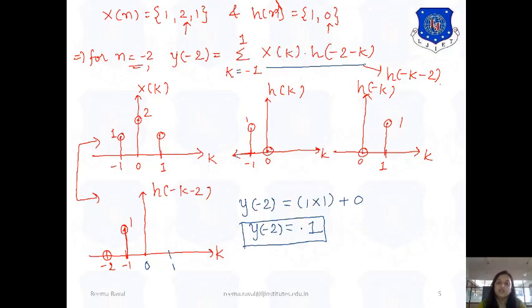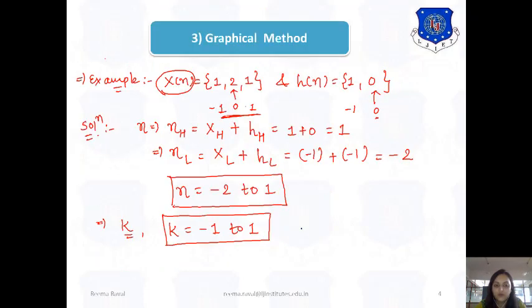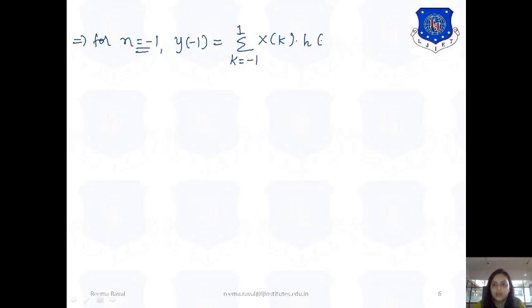Okay. Now the next instant will be n equals to -1, because we have to go from -2 to 1. So according to the formula, y of n, that is y of -1, is equal to summation of k equals to -1 to 1 of x of k into h of n minus k, where n is -1.